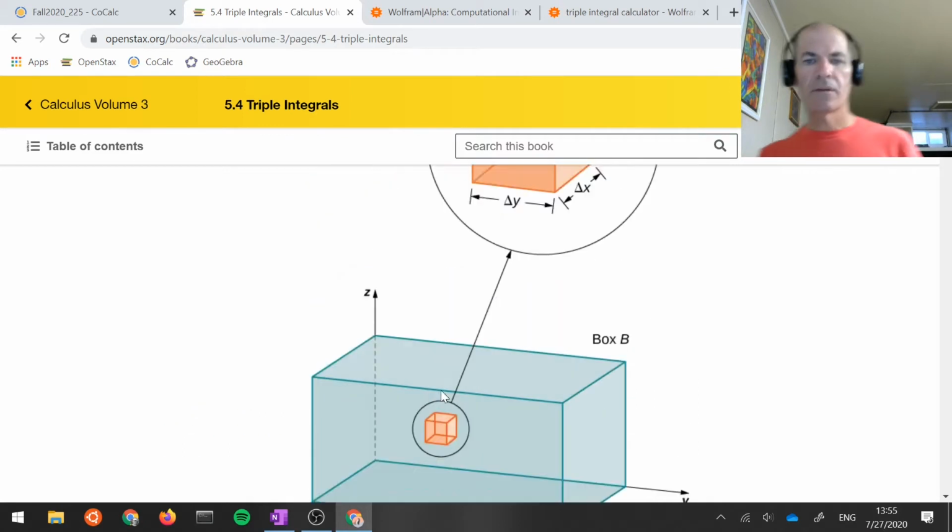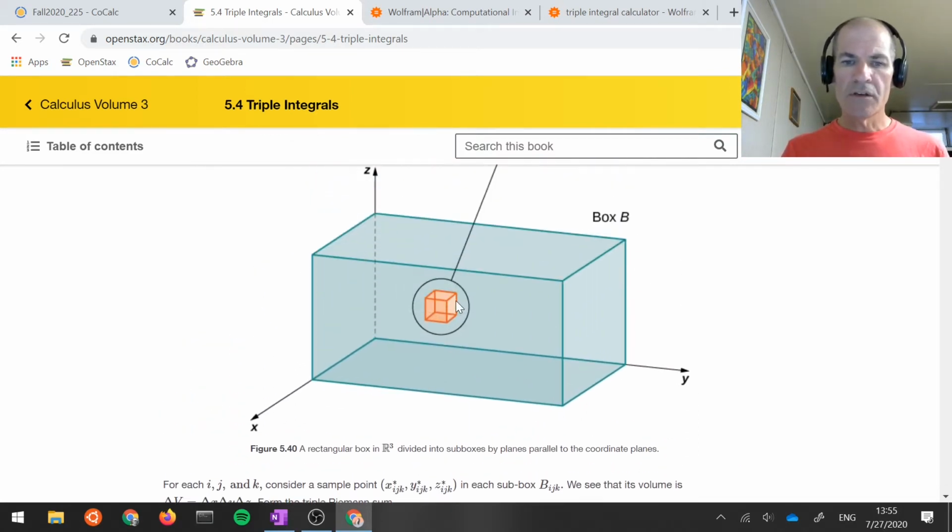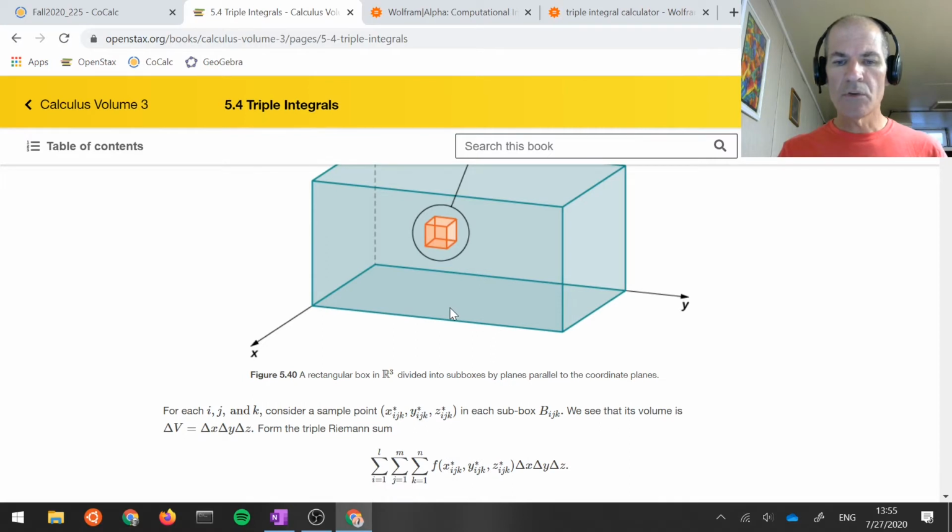Checking in with the section here, as I mentioned, what we're doing is taking an existing volume and subdividing it into lots of tiny little volumes, which we will call dV, or delta V in this case.